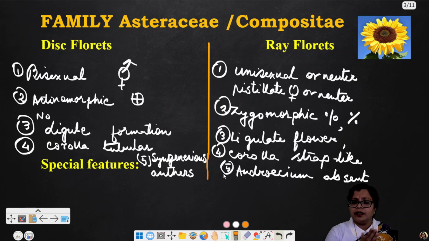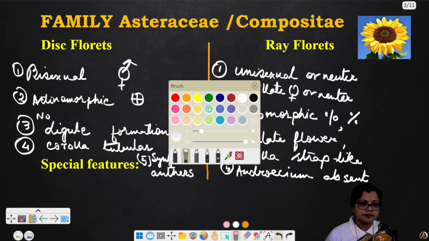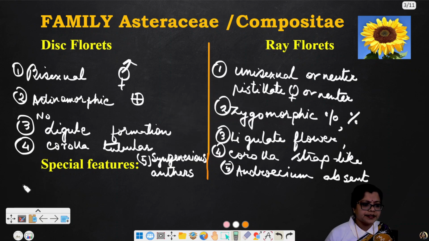If we go through the questions of the last few years, okay, the special features for the Asteraceae family that we have to remember: first one, that is presence of pappus, calyx pappus type, ray florets and the disc florets.